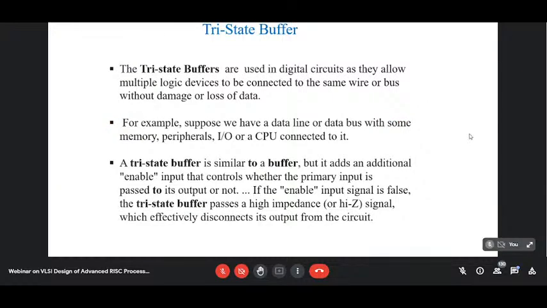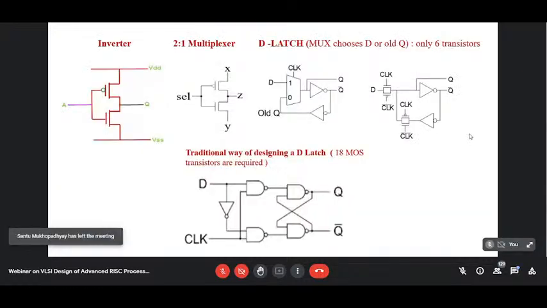Then comes the tri-state buffer. Here, you can make the tri-state buffer with only one transistor. Consider one NMOS transistor. Now if you give 0 at the gate, what will be the output? The input is Z, the output is Y, and the select line, or enable line, is the gate.